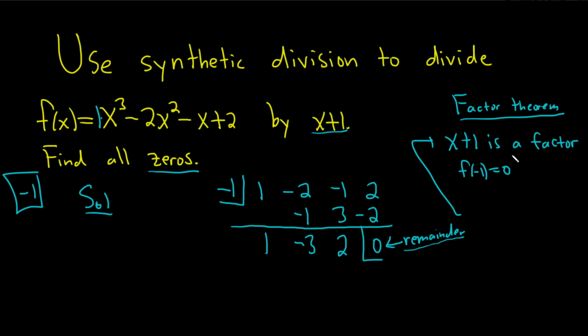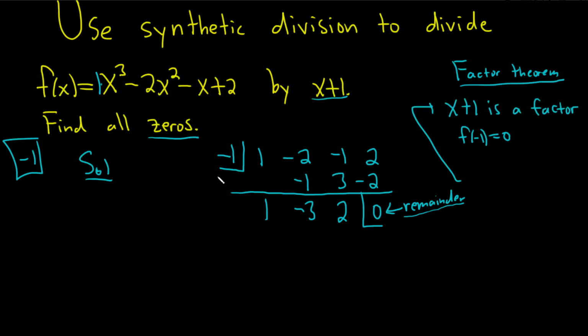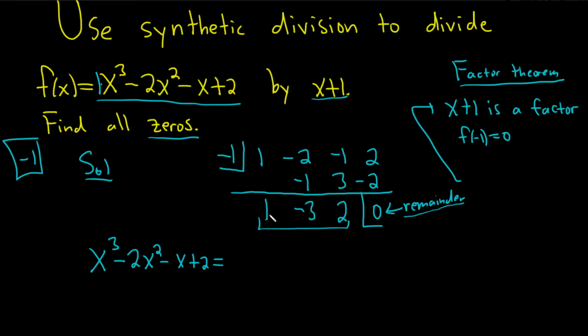So now that we know that this is a factor, we can actually factor this. Let me go ahead and show you all of the work. So I'm going to write this down again: x cubed minus 2x squared minus x plus 2. And this actually factors as this piece here. And how do you get this piece? Well, you want to start at 1 less.